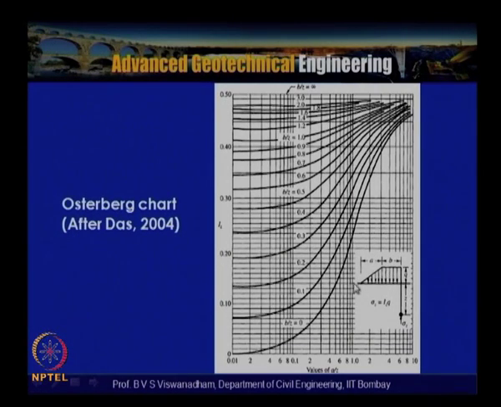That means if you have only a triangular strip loading, then b by z is equal to 0, so this curve has to be used. Depending upon the a by z value, we can calculate the influence factor, and sigma z is equal to IE into the load intensity q. We will be able to get the increase in vertical stress due to the embankment loading.